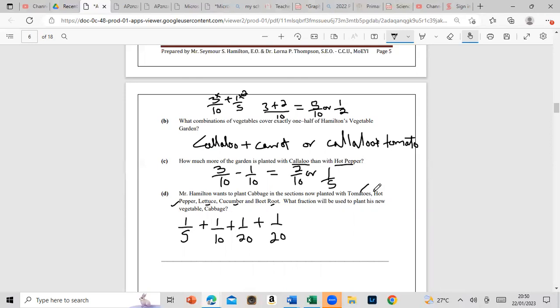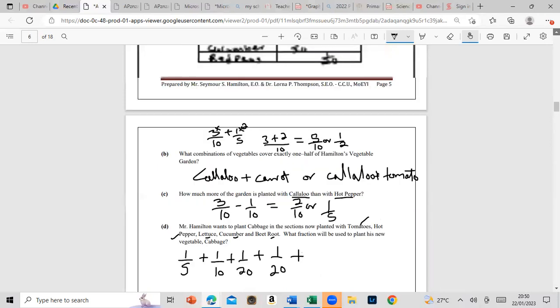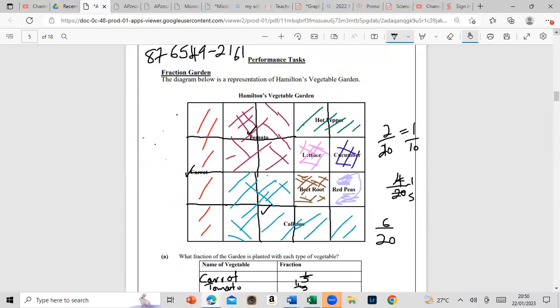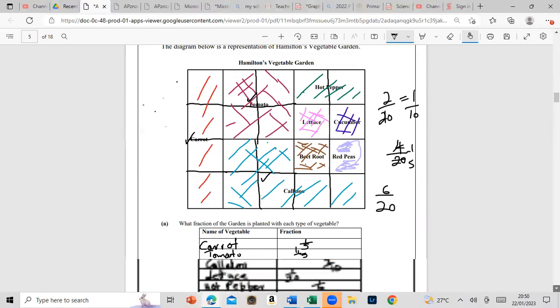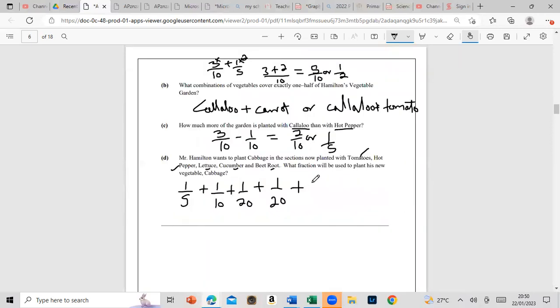Let me see. 1, 2, 3, 4, 5. Okay, so beetroot left now. So let's see for beetroot. Beetroot is also 1 over 20. Alright. So all we have to do now is just add these fractions.